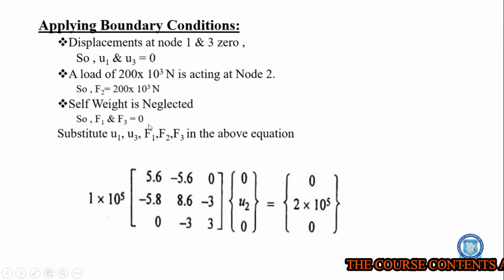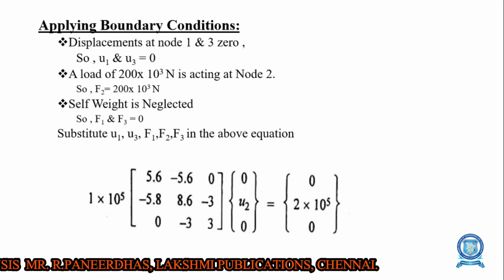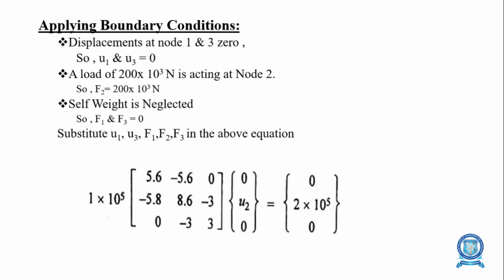Here they are not considering the self weight. In the question, they didn't mention the self weight, so we are neglecting the self weight. So F1 and F3 are equal to 0.